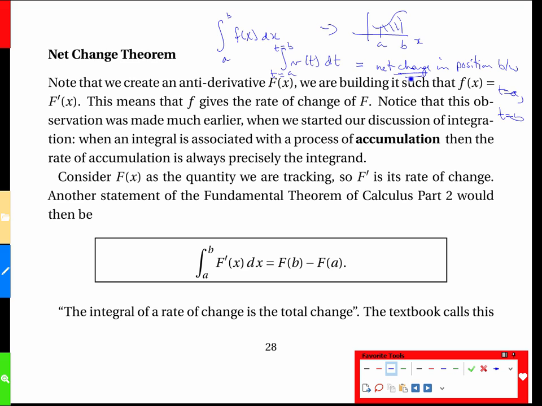So the key thing here is that the integral doesn't tell us our position, it tells us the change in position. So the delta s, if you like, is what we get out.